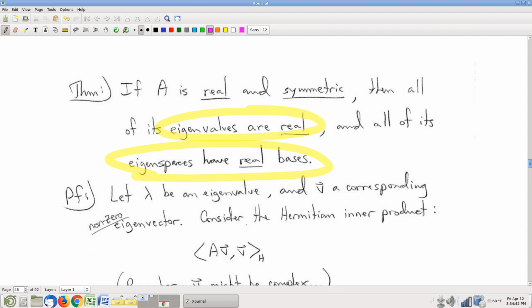Real symmetric matrices. By the way, real symmetric matrices come up all the time. Y'all remember in Math 212? Y'all remember in optimization talking about this thing called the Hessian matrix? You remember that? It's part of the second derivative test. The matrix of second derivatives. Real and symmetric, always. Well, assuming the functions are appropriately regular.